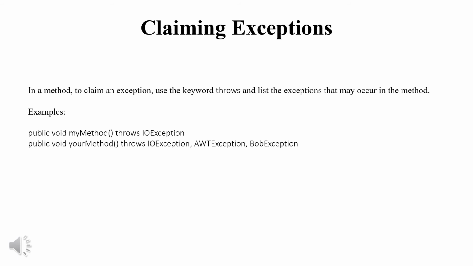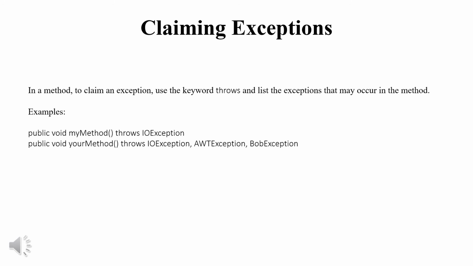Or for example, you have a method with the name yourMethod, and you expect to see some exceptions, like IOException, or for example AWTException, or one exception that you have created and its name is, for example, BobException, right?